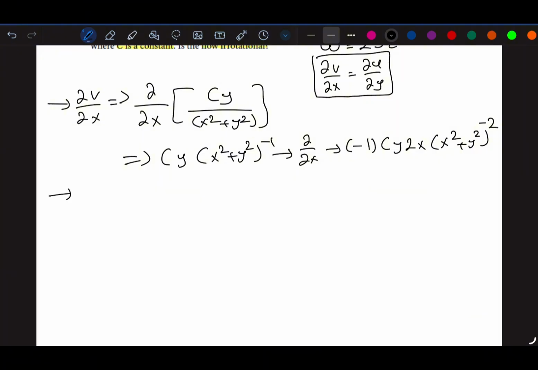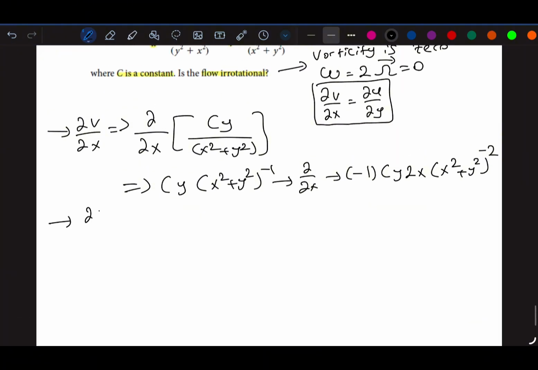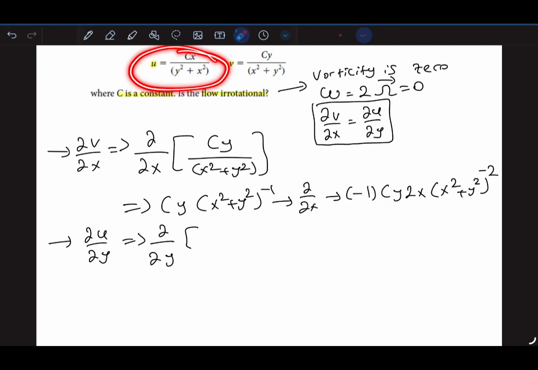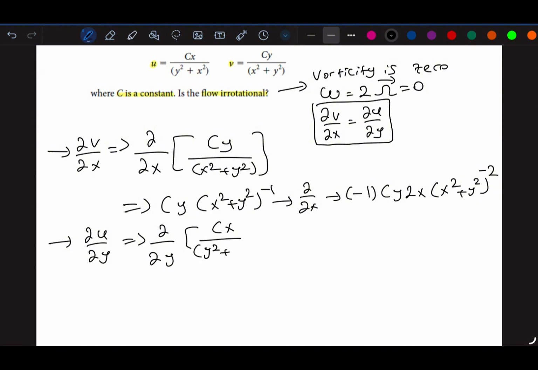And similarly for the partial derivative of u with respect to y. This time we are going to take the derivative with respect to y. Now we will use this u: c x over y squared plus x squared.